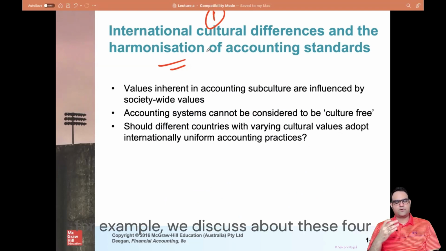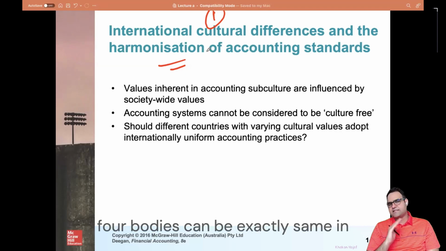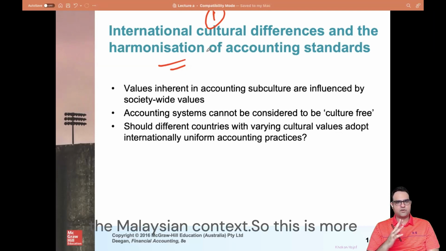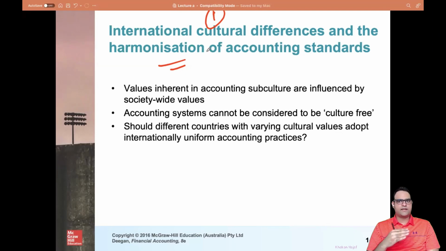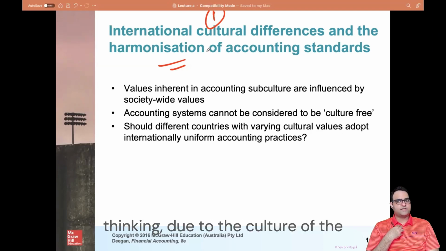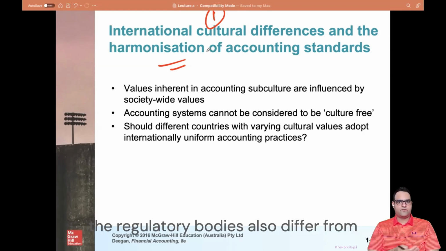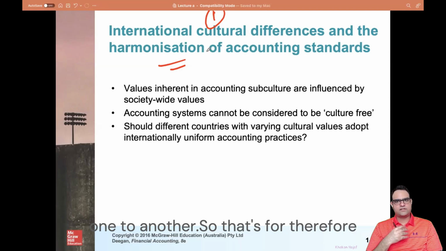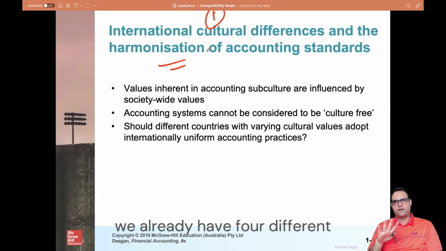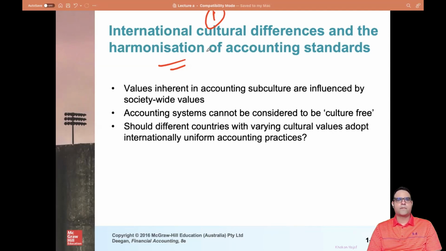We discuss these four governing bodies, and whether they can be exactly the same in the Malaysian context. As per my thinking, because the culture of each country differs, the regulatory bodies also differ from one to another. Therefore, we already have different accounting or regulatory bodies all across the world.